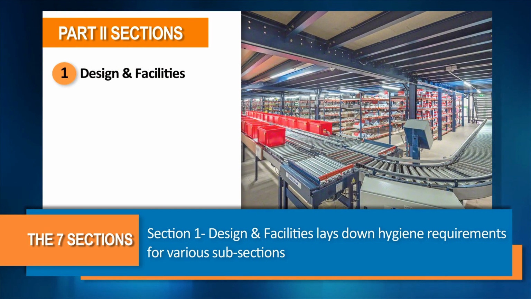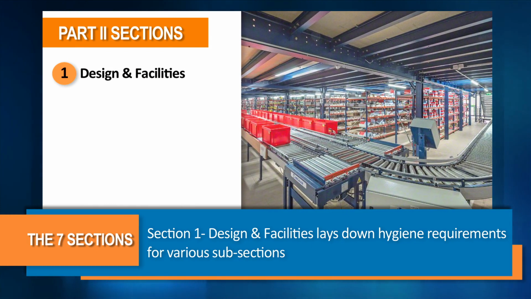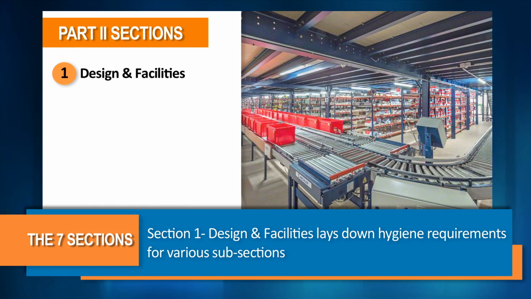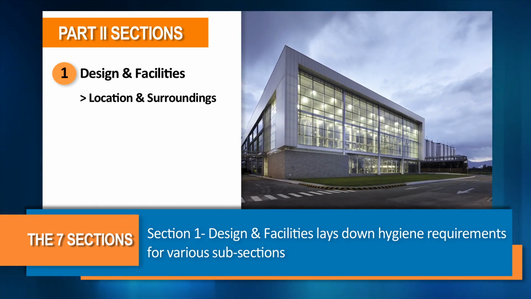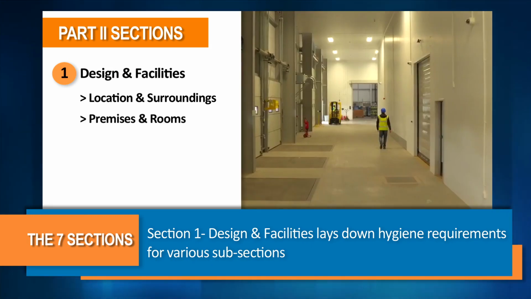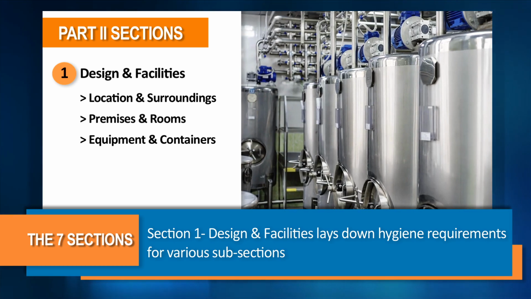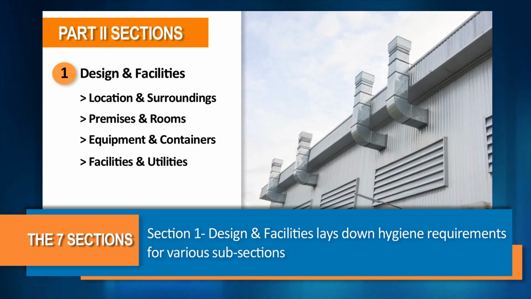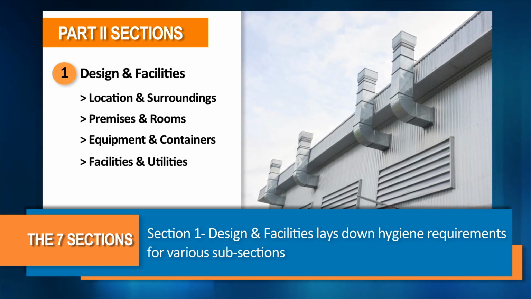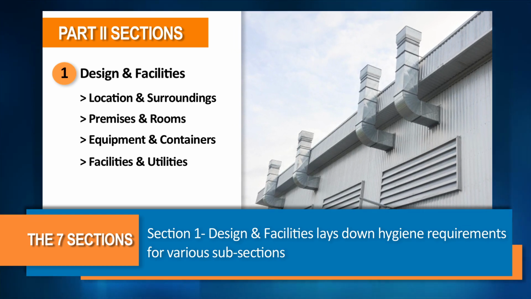Section 1, that is Design and Facilities, lays down hygiene requirements for location and surroundings, premises and rooms, equipment and containers, and facilities and utilities of the establishment.